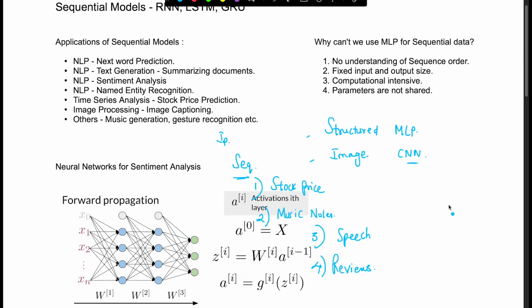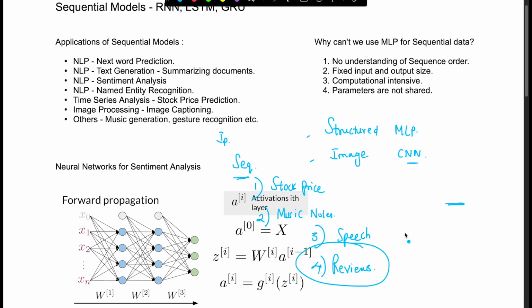A particular review provided by a person has got a certain sequence of words which bear certain meaning to it. If the words are jumbled, the meaning is completely altered, or sometimes it doesn't make any sense at all, right? So the sequential information is very critical, and we need to preserve the order in which the words are provided within a particular review, in the context of the reviews data that I'm talking about.